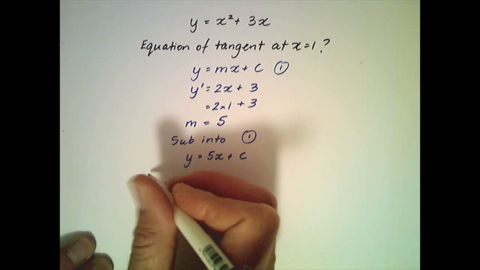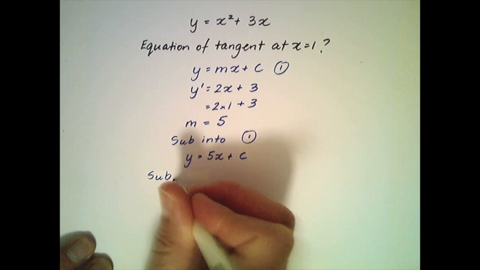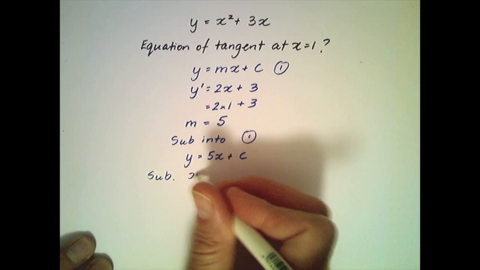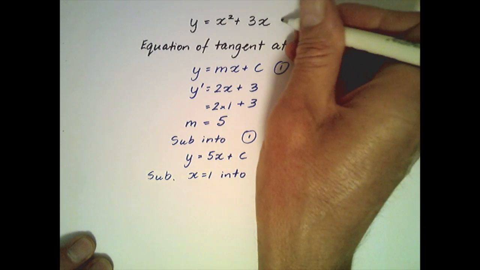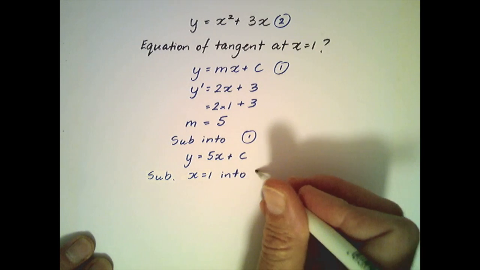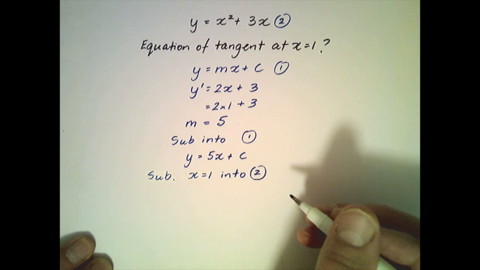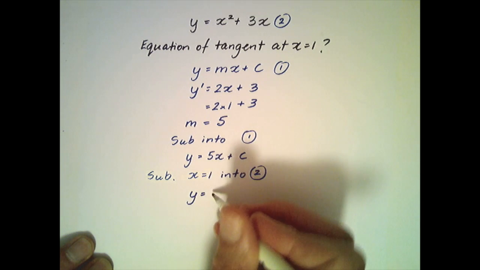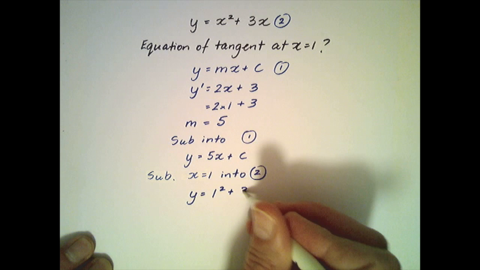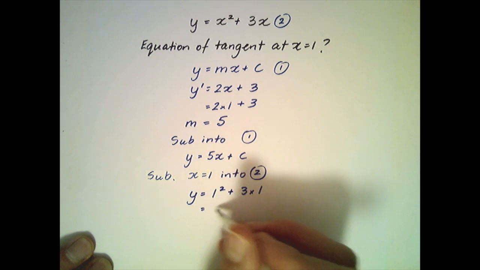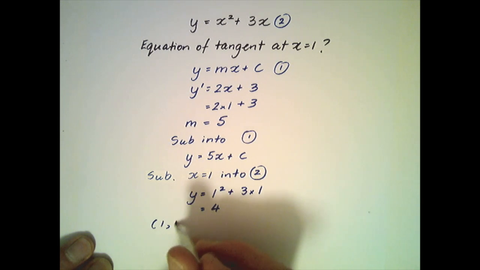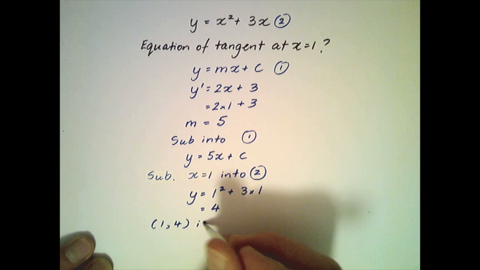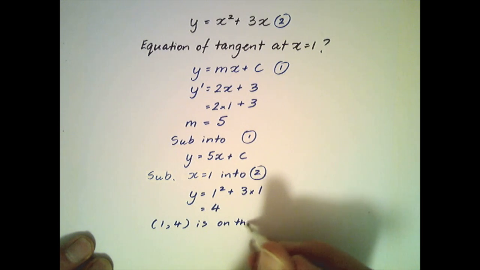So we'll use the word sub, which is just short for substitute, and we'll sub x equals 1 into this equation here. We'll call this equation 2. And what we find is that y is equal to 1 squared plus 3 times 1. That's 1 plus 3, which is equal to 4. So the point 1, 4 is on the tangent.